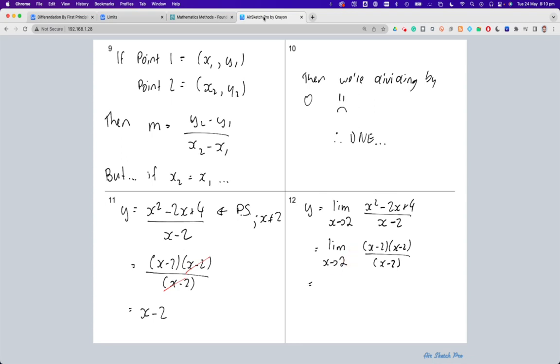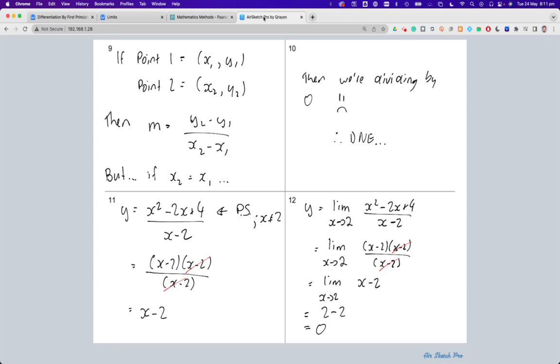I will get the limit as x approaches 2 of x minus 2. I've got rid of the x minus 2 by cancelling out. Once I've done that, I can now safely move the value of x to 2. So I literally replace x with 2 now, which is equal to 0.